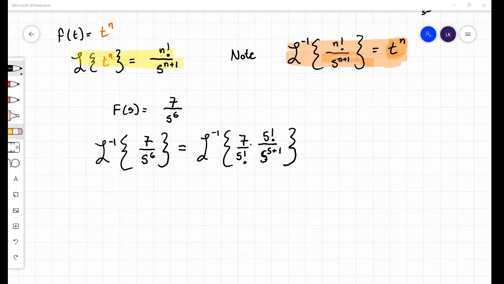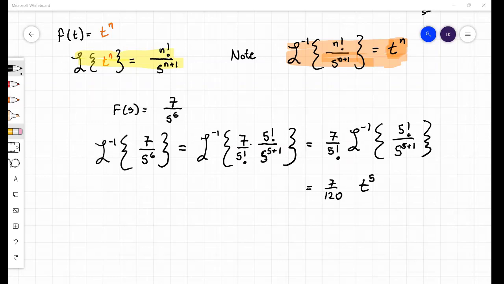That tells you that we should have a 5 factorial in the numerator, so multiply the numerator and denominator by 5 factorial, and use the linearity of the inverse Laplace transform to bring out the 7 divided by 5 factorial in front of the inverse Laplace transform. And now we see that we get that constant times t to the power 5.